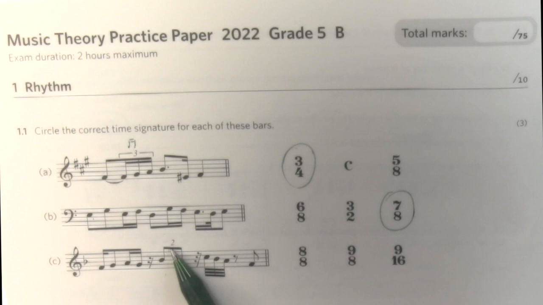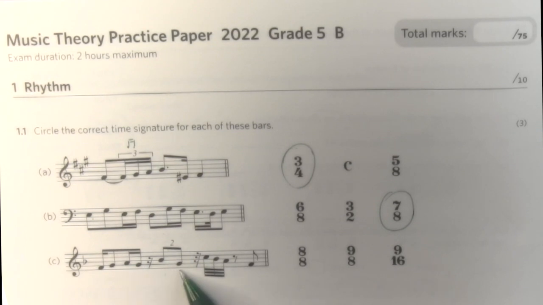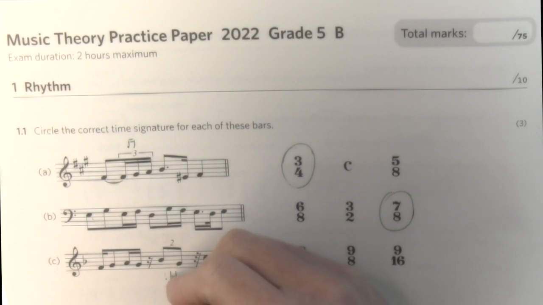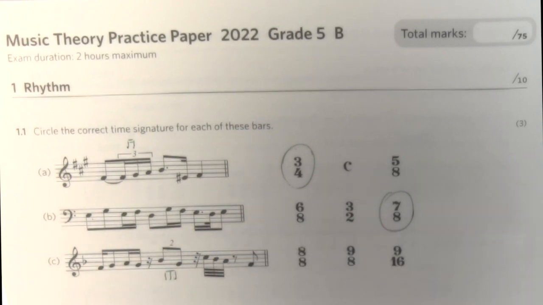This is because we don't need a special symbol if we are in simple time, because 2 in the space of 2 are simply sorted. In this case, they are 2 notes in the space of 3, so this is equivalent to 3 quavers, 3 of the same kind. So we are in compound time, and the counting value is the quaver because of this. So let's count the quavers.